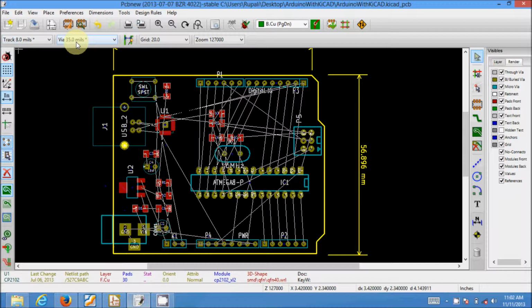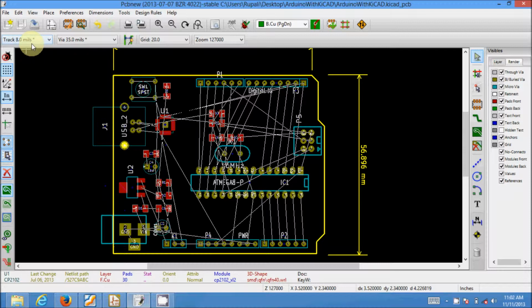Via, as we know, is a connection from one layer to the other, or if there are multiple layers, it goes right through all the layers, so that you can route a wire from one layer to any of the other layers. Now the default track size is about 8 mils.